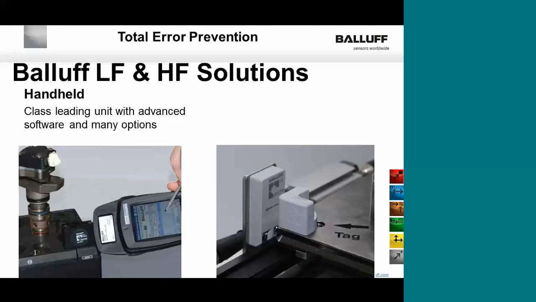For example, if we look at our portal software, this gives the customer the ability to display and query RFID and barcode data the way the customer wants. It means that there's no extra programming or integration required on the part of our customer. It allows customizable data to be displayed.